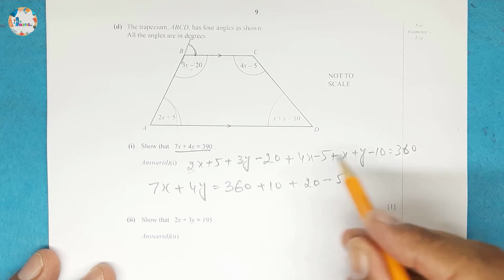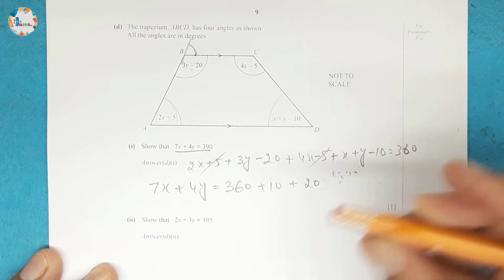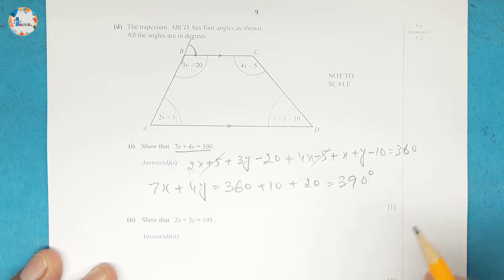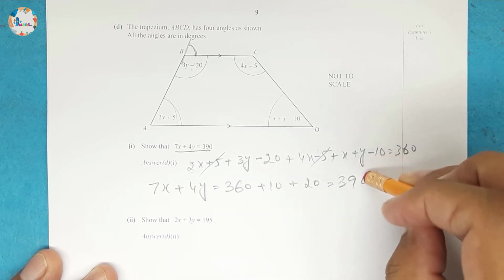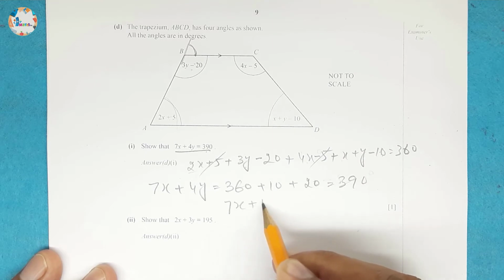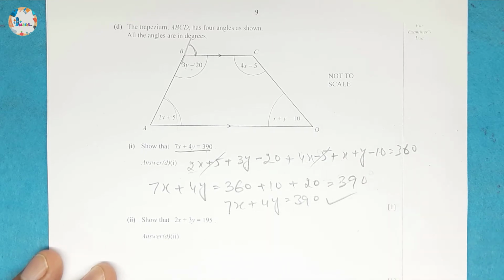This plus 5 and minus 5 will cancel, so no need to write this. So this will be equal to 390, and this is the equation required: 7x plus 4y is equal to 390.